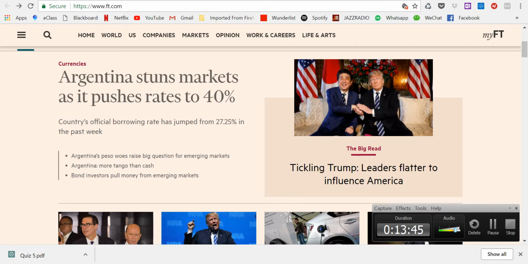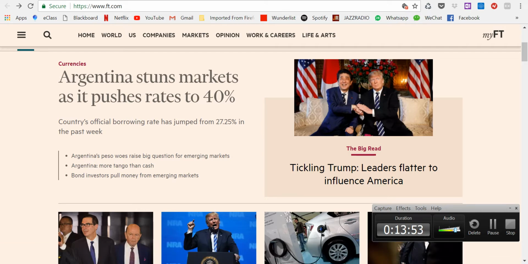Anything that has the word peso after it doesn't seem to do very well. I don't mean to be discriminating, but there's Mexico, Argentina, Philippines. I don't know who else.